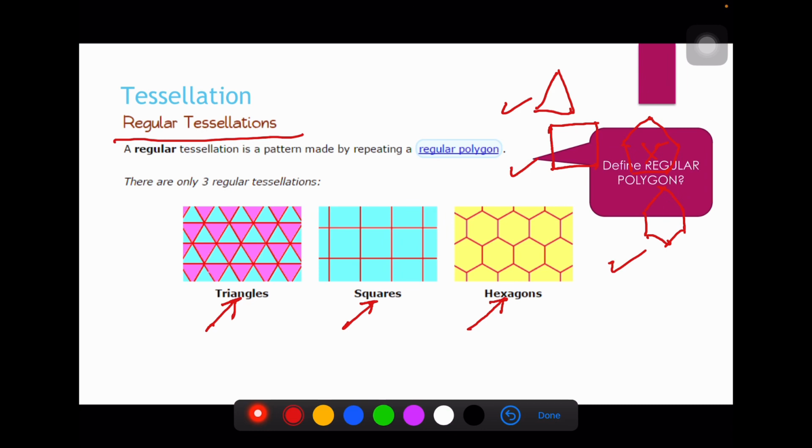When we define regular polygons, it's where all sides have equal length.